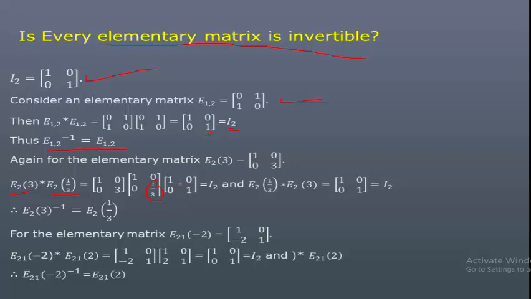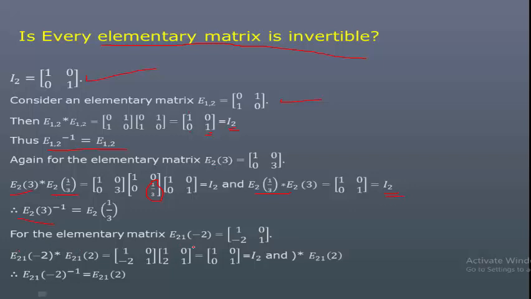Multiplying these two, first row, first column: 1 into 1, 0 into 0, we get 1. First row, second column: 0. Second row, second column: 3 into 1/3 is 1. Similarly, E2(1/3) and E2(3) give the identity matrix. So the inverse of E2(3) is E2(1/3), because the product of these two matrices is the identity.